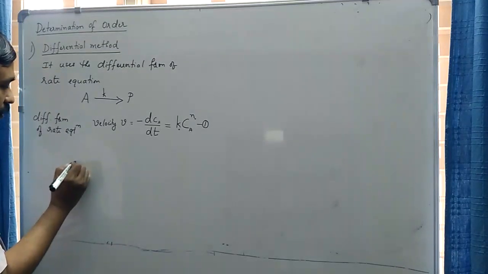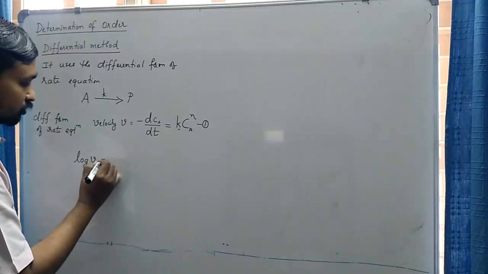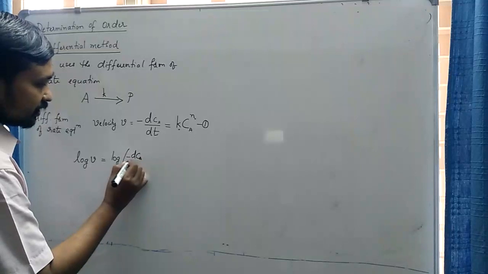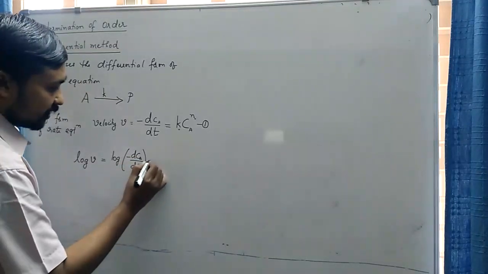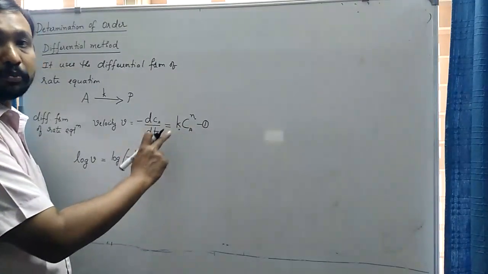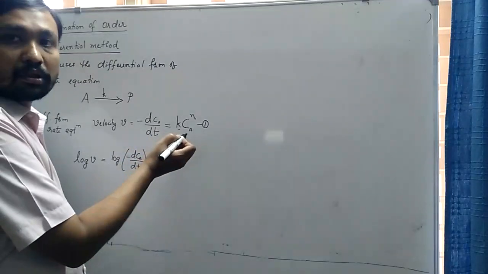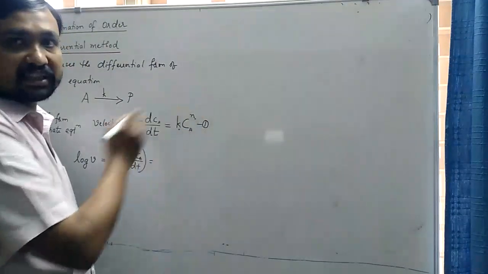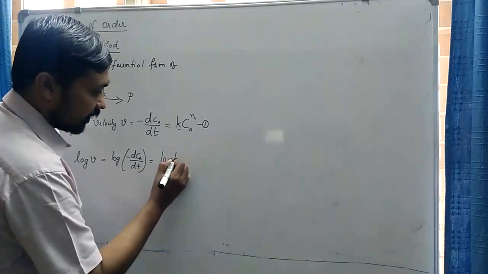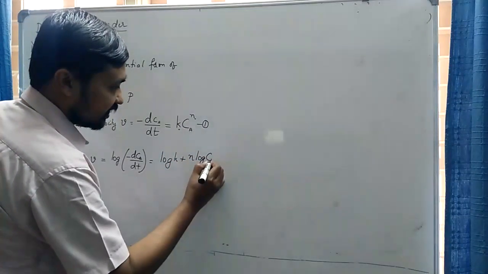We get log of rate, log V, which can also be written as log of minus dCA divided by dt, is equal to, if I apply the rules of logarithm, first the product rule, log of A into B is log A plus log B, and another rule, log of A to the power x is x into log A, we get log K plus n into log Ca.